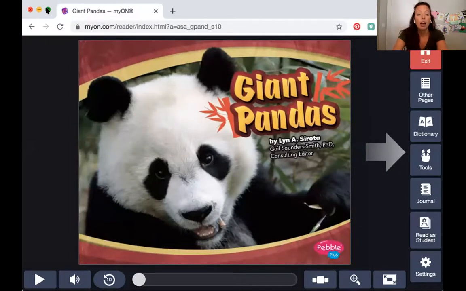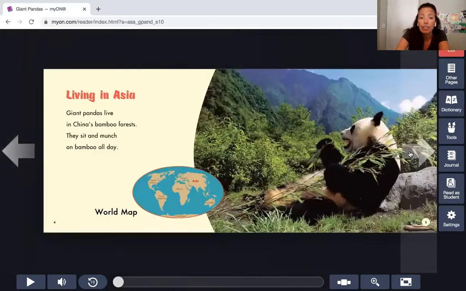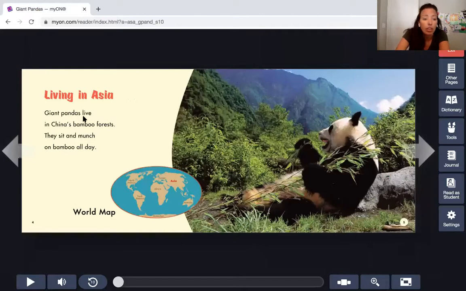I am just going to be looking for parts in the book that teach me about the animal's body. So I don't need to know where the animal lives or what the animal eats or how many babies the animal has. I just want to know today what it looks like. All right, giant pandas. Let me see. So I'm going to read this page and see if this tells me what the animals look like.